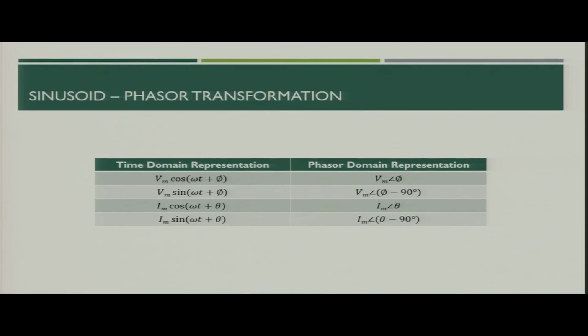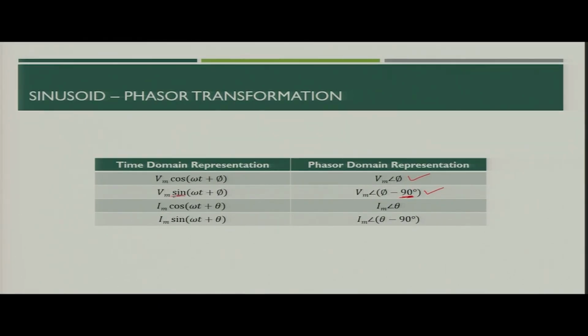Now, if you compare both domains, time domain and phasor domain, Vm cos(omega t plus phi) can be written as Vm angle phi, while Vm sin(omega t plus phi) is written as Vm angle phi minus 90 degree. Why does 90 degree come?